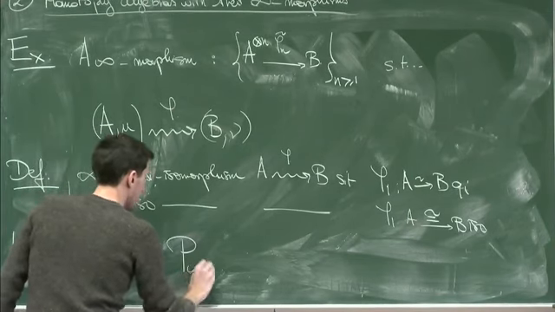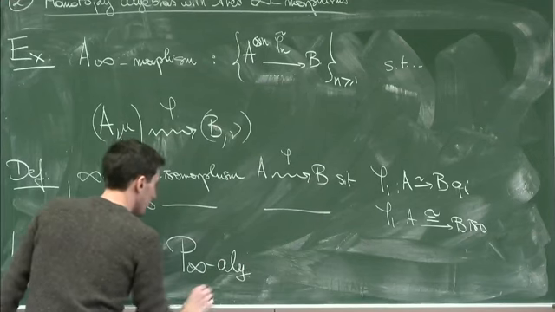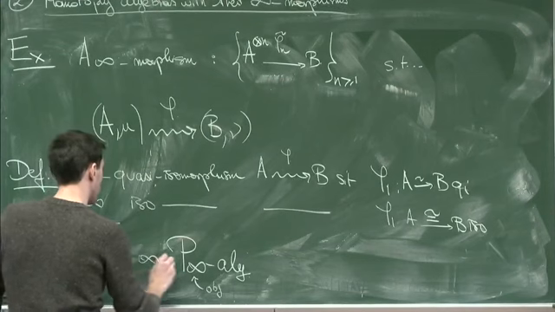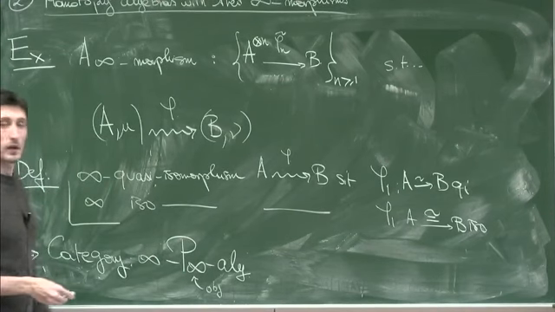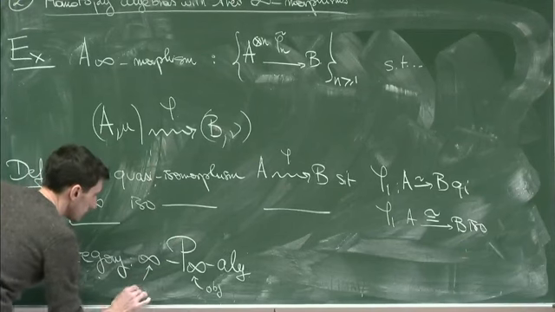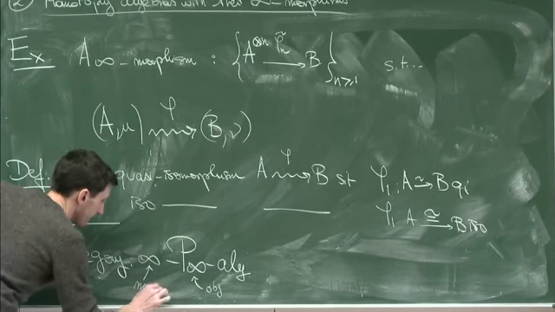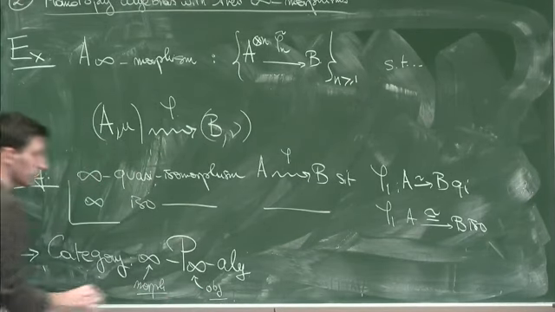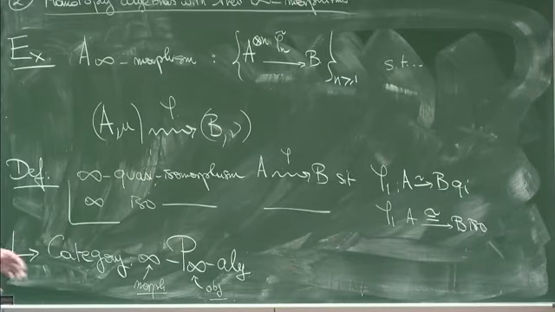If I denote by P infinity algebras the objects, I need a notation for the morphisms, so I put an infinity in front. This infinity stands for the morphisms. So these are the objects, these are the morphisms.